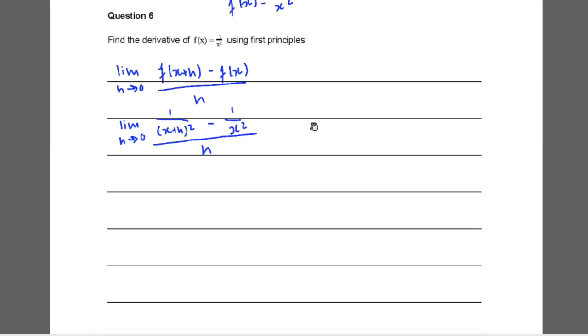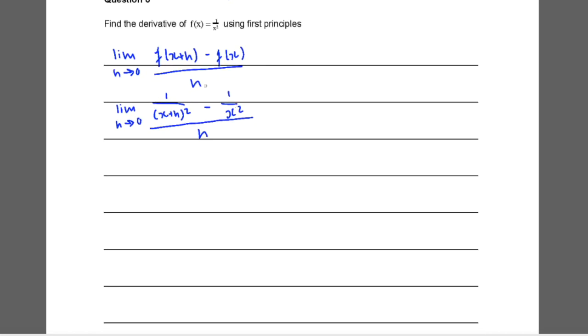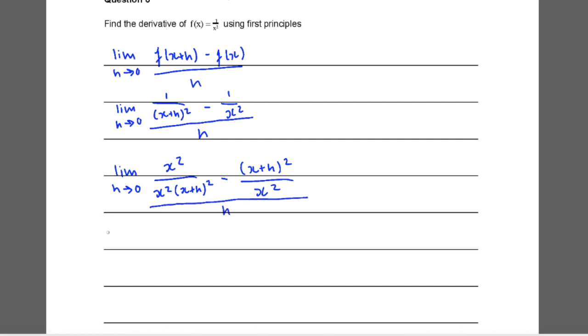All divided by h. Alright, with these sorts of questions we have to get a common denominator in the numerator here. So that means this x squared needs to be multiplied on top and on the bottom here. And this x plus h all squared needs to be multiplied on the top and the bottom there. So let's do that. So it's the limit as h approaches 0 of x squared on x squared times x plus h squared minus x plus h all squared on top of the other one. So it's x plus h all squared on x squared, all divided by h.